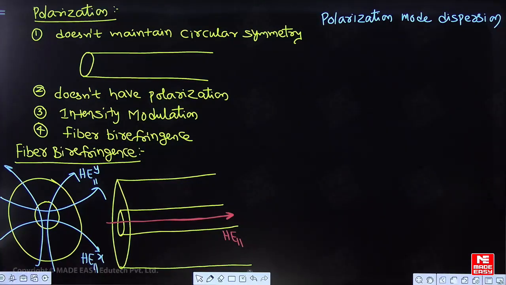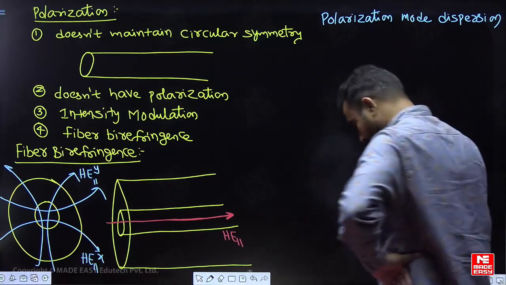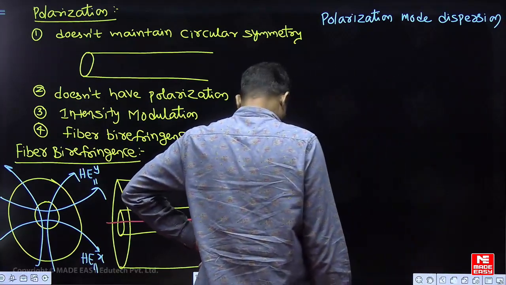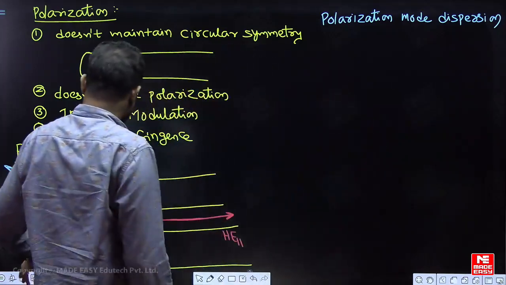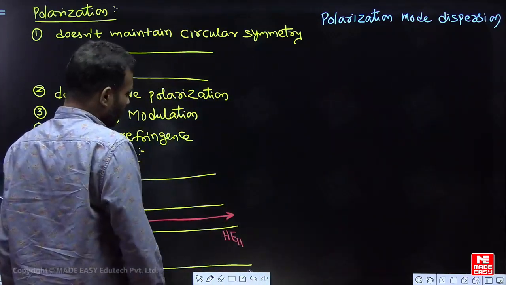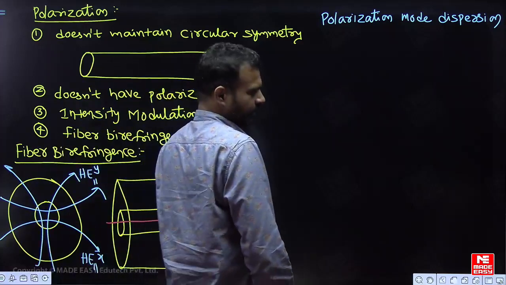After talking about polarization mode dispersion, understand clearly: the first point is that HE11X and HE11Y travel with two different velocities.